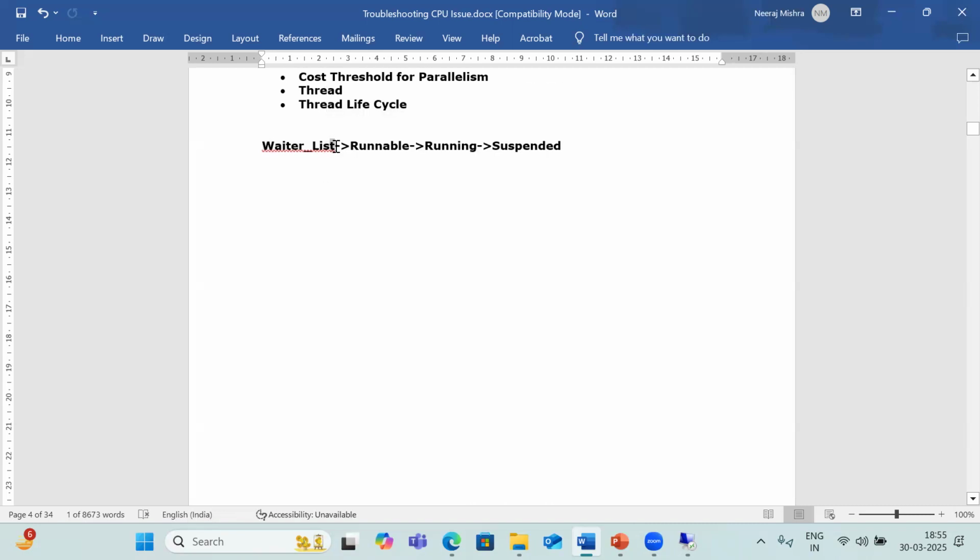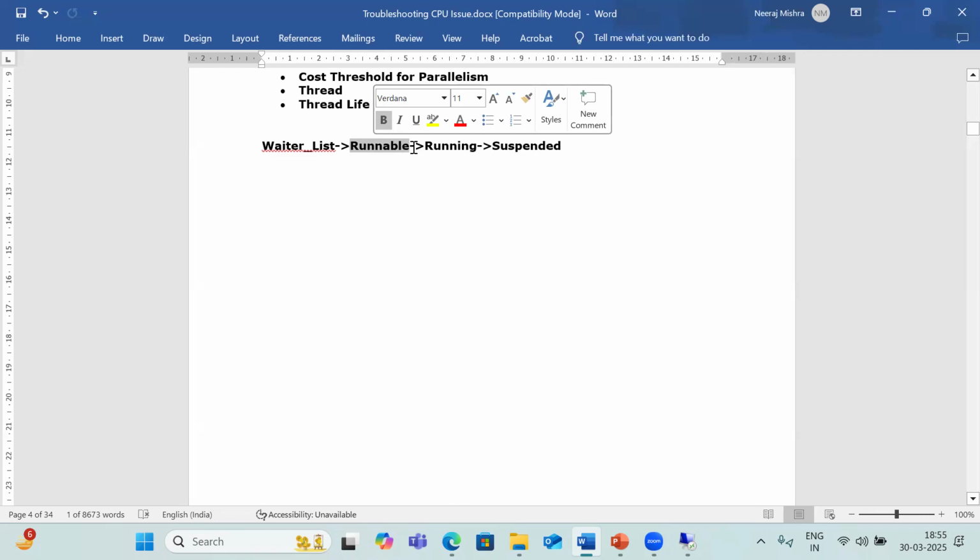So once a worker is assigned to a thread by the scheduler, it moves into the runnable state. And this is another queue of the scheduler, right? Now, in the runnable queue, the thread is waiting for the assignment of CPU time. The CPU time is assigned to a thread in terms of a quantum. A quantum is of 4 milliseconds only.